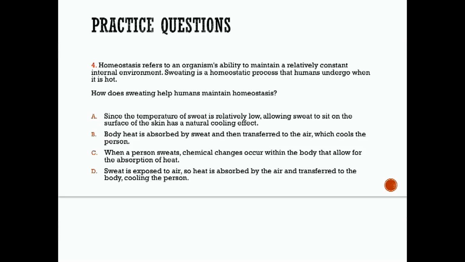So this is actually going to be B. So you need to know a little bit about that. Body heat is absorbed by sweat and then transferred to the air, which cools the person off. So this process contributes to the homeostasis of humans by allowing them to regulate their body temperatures.